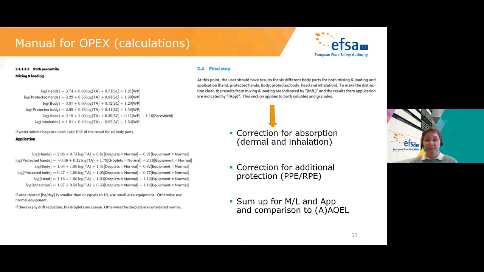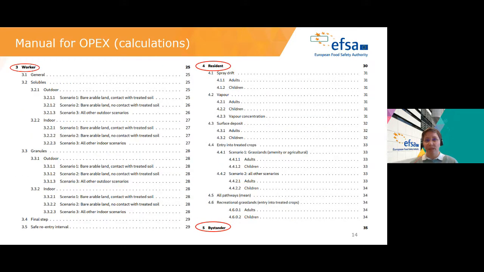In the manual, you can see here the rest of the table of contents. You also have the same explanations and formulas available for worker, resident, and bystander, divided the same way for solubles and granules, and then for outdoor or indoor uses.